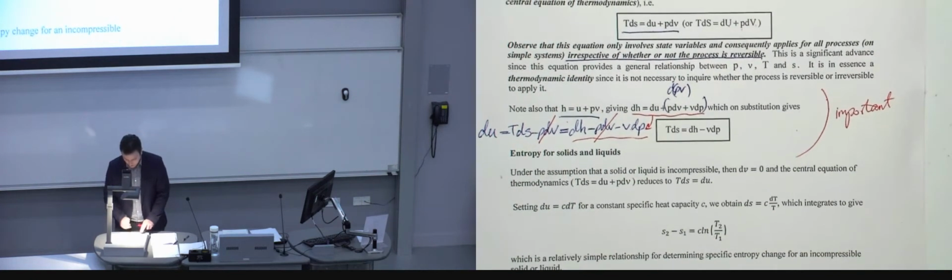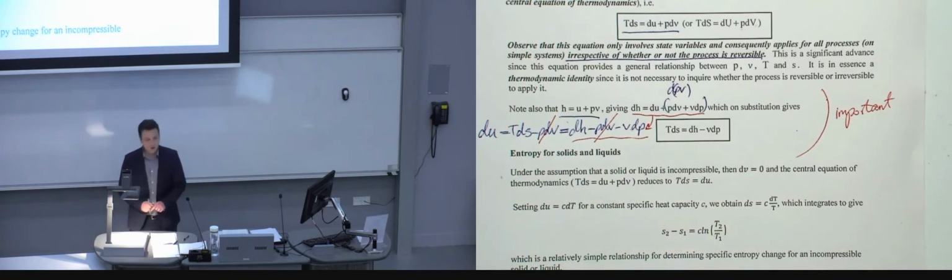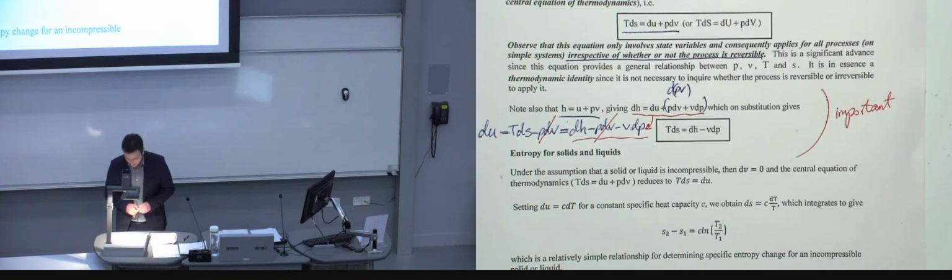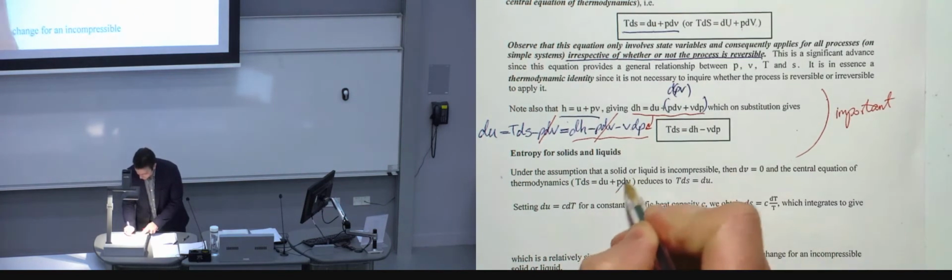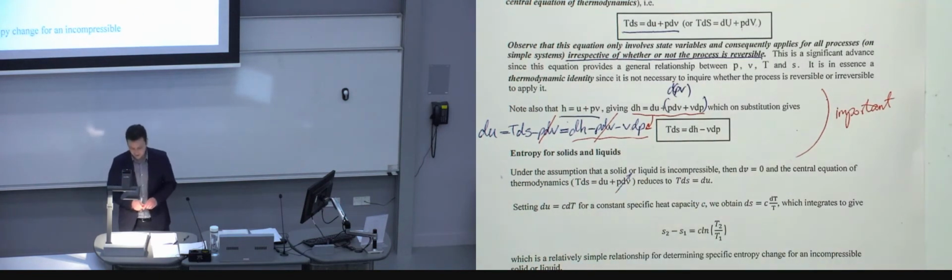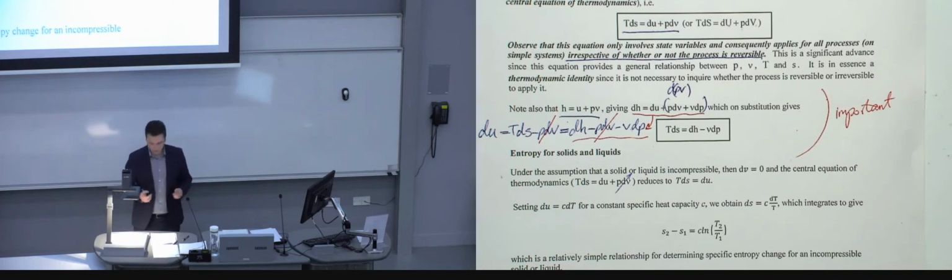So, starting from our central equation of thermodynamics, because this is an incompressible object, thinking about water, or oil, or, for example, a solid object, we're not going to have this term, because dV will be equal to 0, it's incompressible.